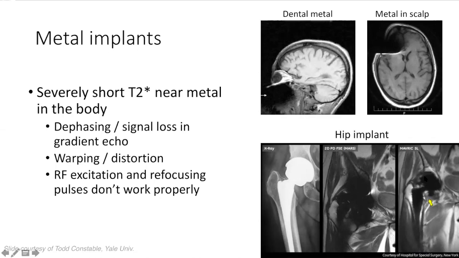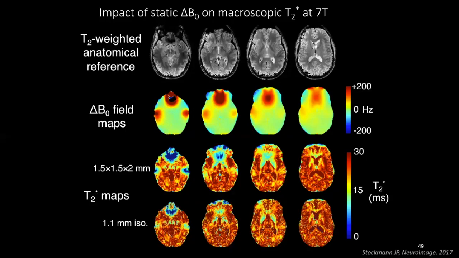And so there have been special techniques created in order to overcome these, where you basically acquire several different frequency offsets and then put them together in order to eliminate this artifact and get the signal from the nearby tissue. But then this static B0 issue really comes up at higher field, at 7T.